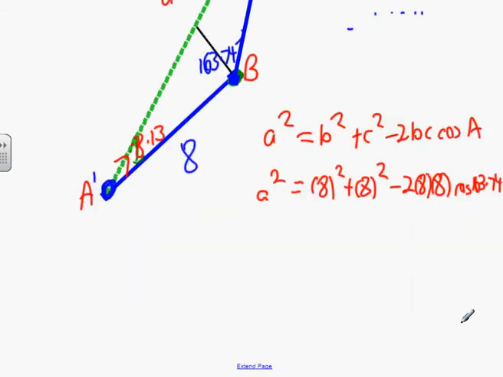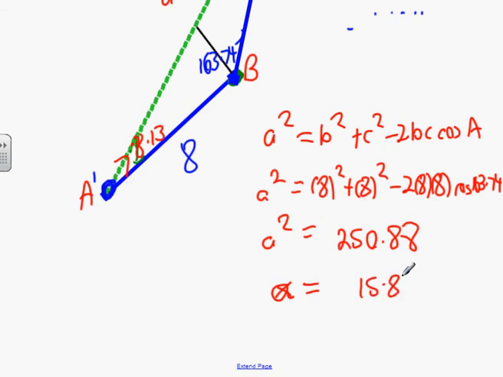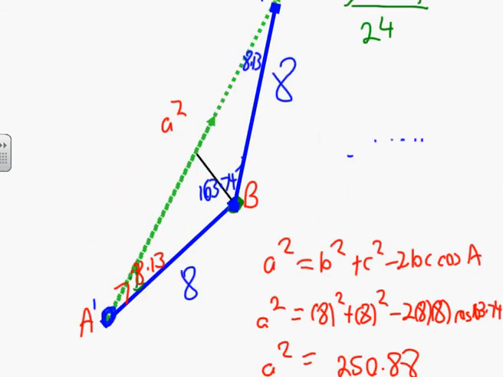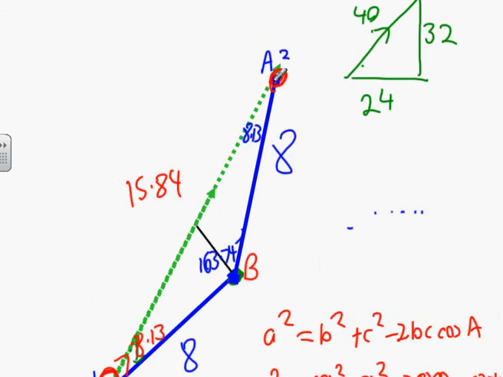Put all of that into the calculator, you get A squared equals 250.88, and then A will equal 15.84. This means you travelled 15.84 kilometers between this here and this here. That's the distance you travelled to remain within 8 kilometers.